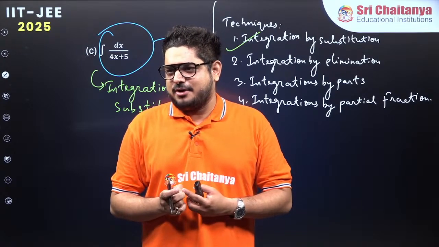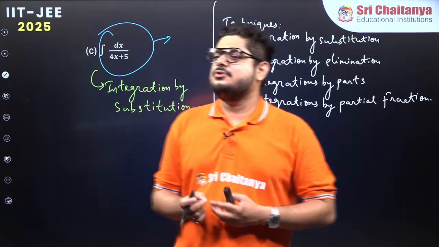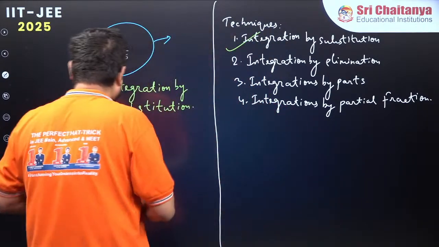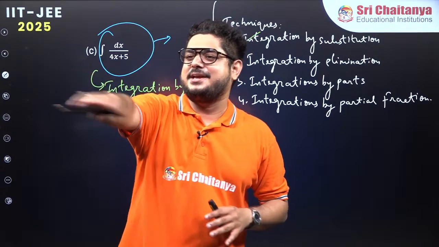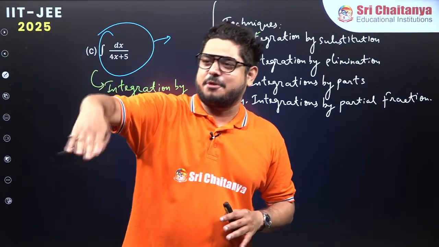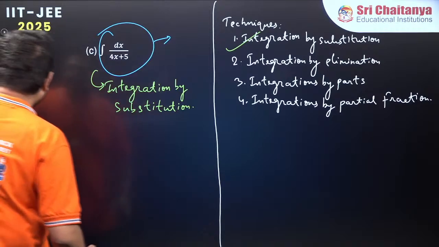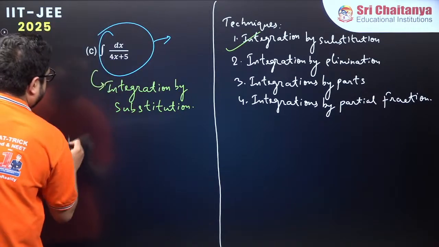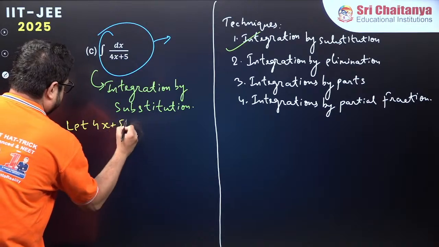So now what I am going to do, just pay attention. For the basic functions, it's possible, the antiderivative property which I mentioned. So now I will be choosing, let 4x plus 5 be equal to z.